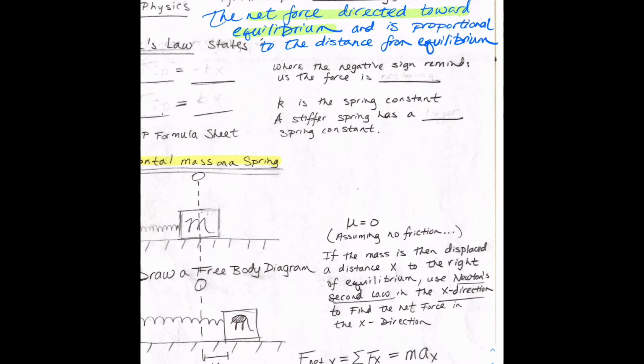So the further the mass, say, is moved away from equilibrium, the greater that distance, the greater the force back. You double the distance, you double the force. So we're saying that the force is proportional to the distance. So that's what we mean by linear.